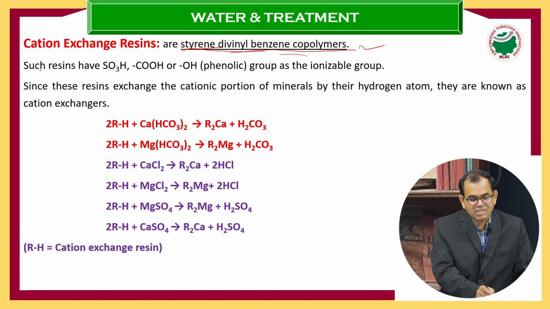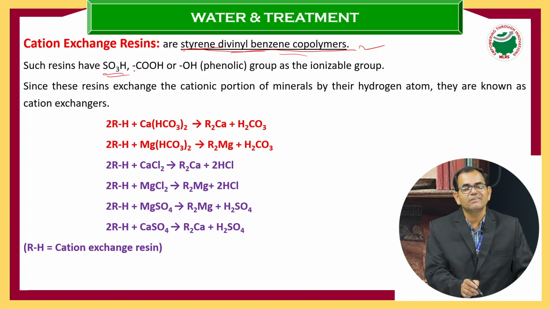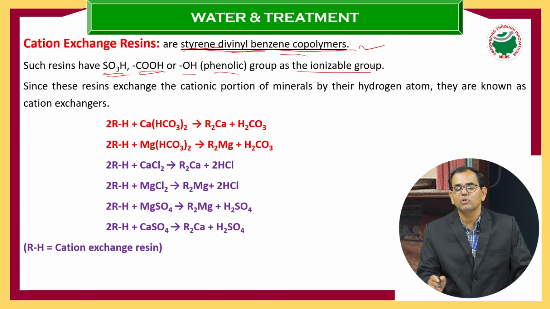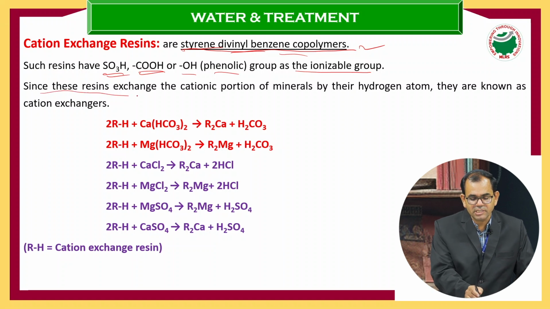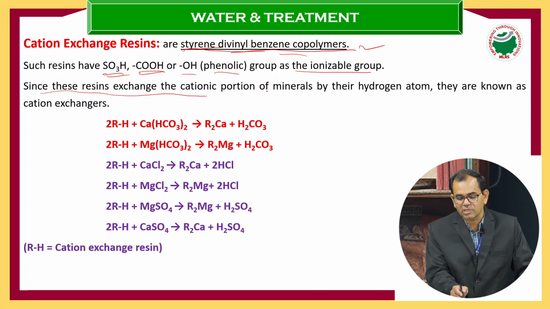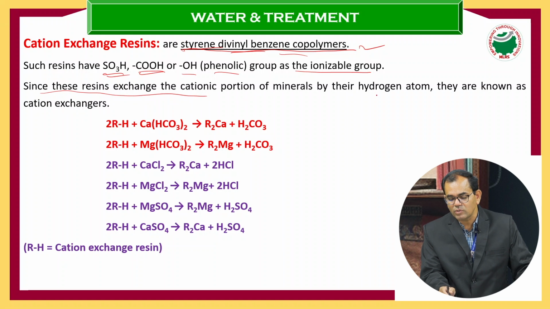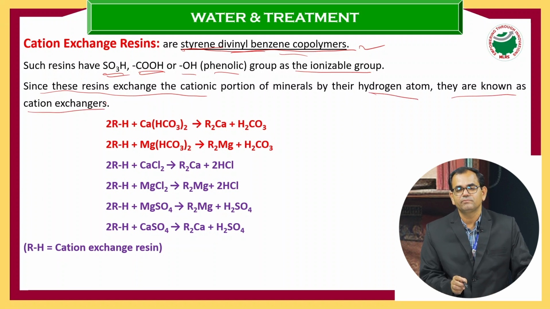Such resins have SO3H acidic groups, COOH, phenolic OH groups, or other ionizable groups which are part of the cation exchange resin. These resins exchange the cationic portion of minerals by their hydrogen atom. They are known as the cation exchangers.